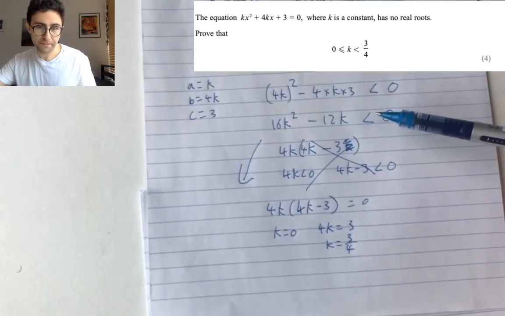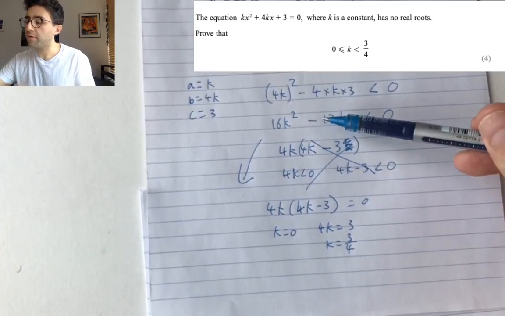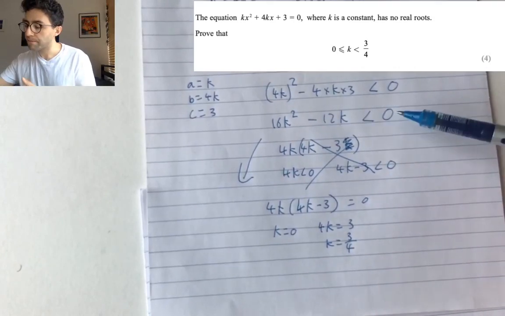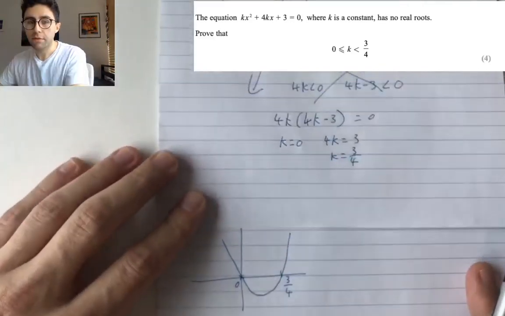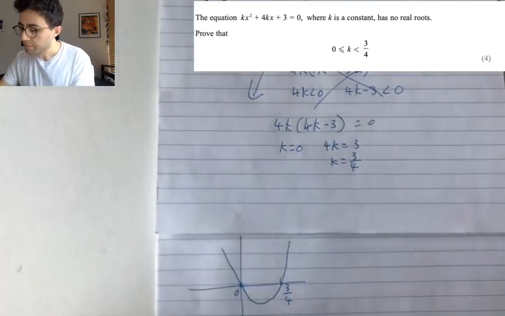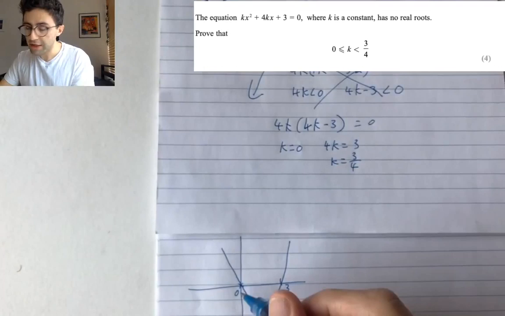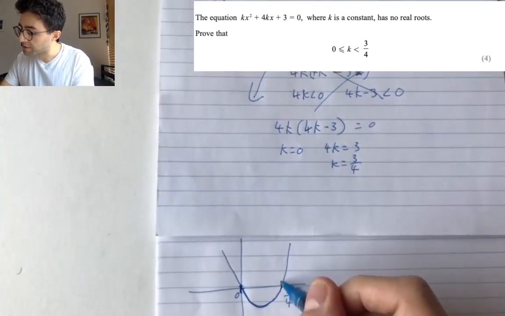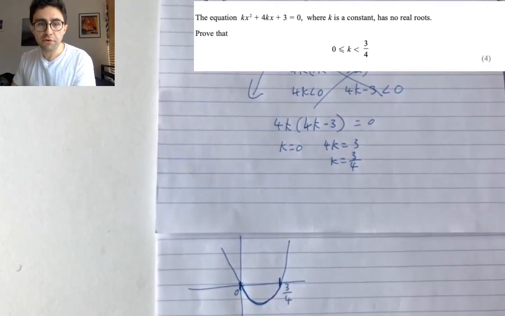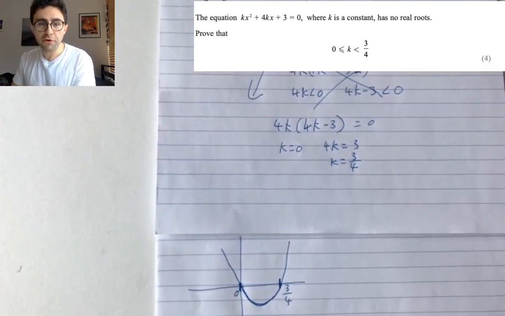Examine it well. The graph is less than 0. There's our graph. Here is where it's less than 0. This little arch bit at the bottom. Boundaries 0 and 3 over 4. So the way you could write it is 0 is less than k is less than 3 over 4.